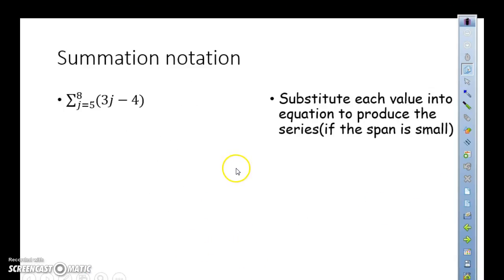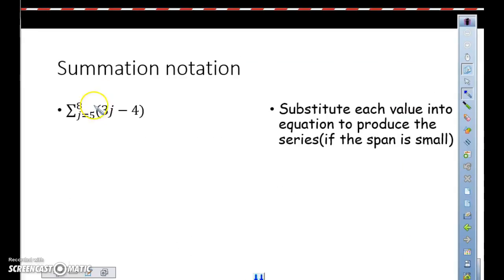We have some notation. This Greek letter is called a summation or a sum. What this does is it gives us an equation, and it tells us that we're going to start with 5 to evaluate. So this is going to be our start, and we're going to end by putting in 8. We're just going to count up as we go, and list all the terms in the series.